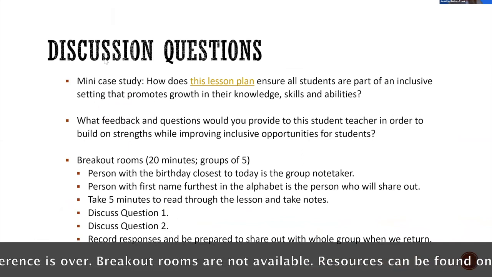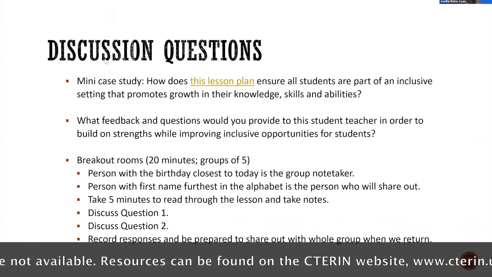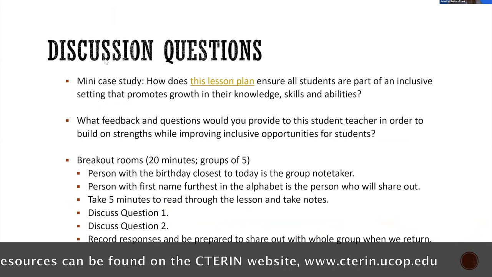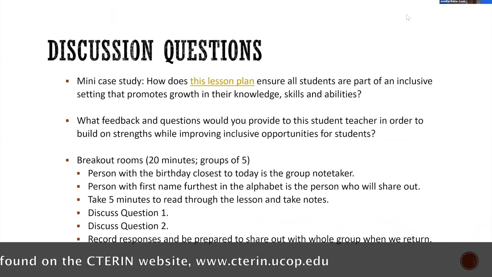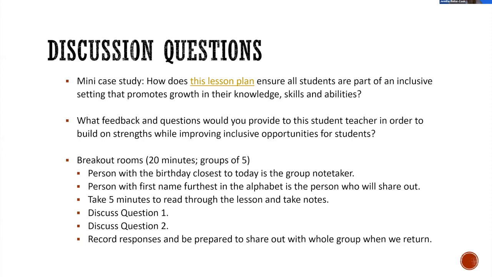This is a lesson plan from a template from the University of San Diego that our student teachers get in their classes. And I want you to think about how the lesson plan ensures that all students are part of an inclusive classroom that promotes growth in their knowledge, skills, and abilities, and what feedback and questions you would provide to the student teacher in order to build on strengths while improving opportunities.